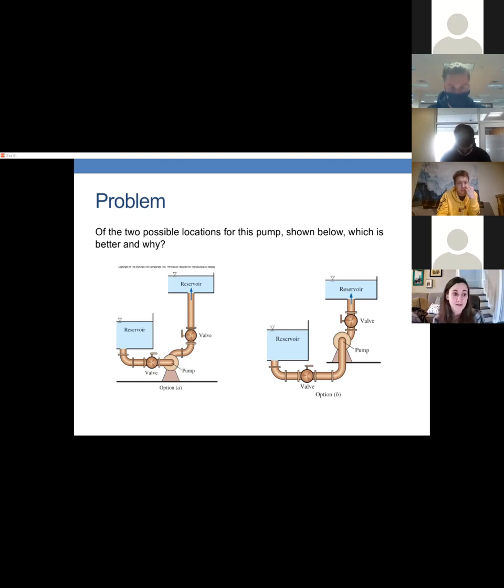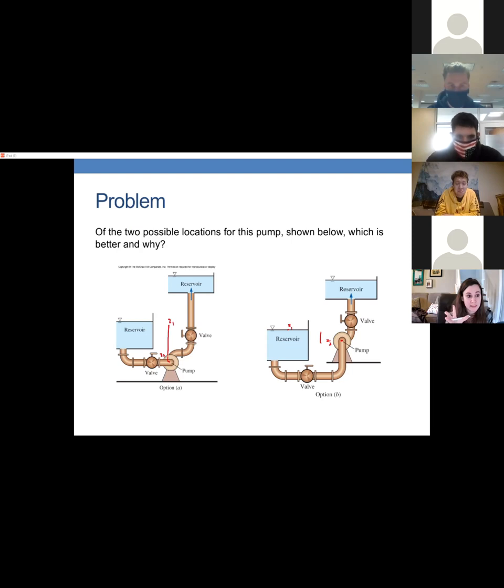The one on the left is going to be better for preventing cavitation, because on the left this would be Z1 and this would be Z2, so Z1 minus Z2 will have a bigger positive value here versus here. That is a reason why people put pumps underneath things a lot of times, to prevent cavitation.